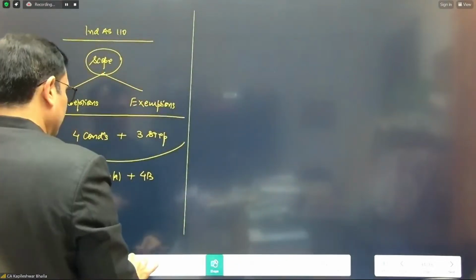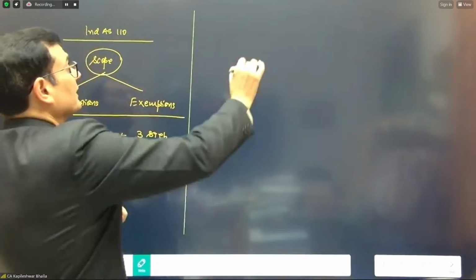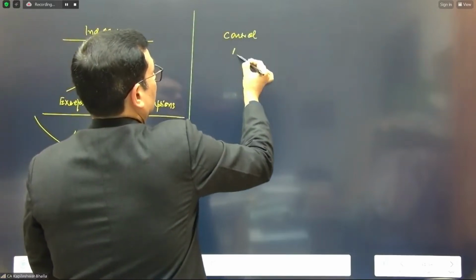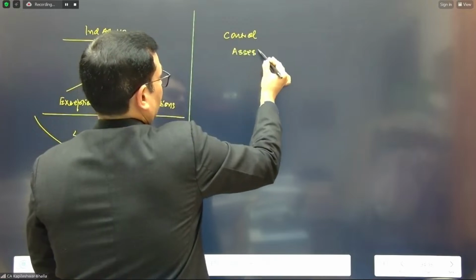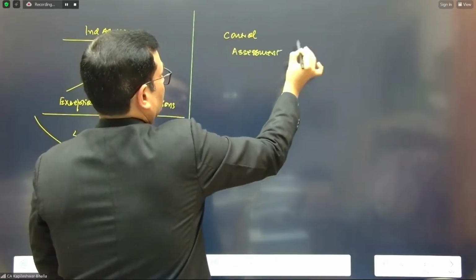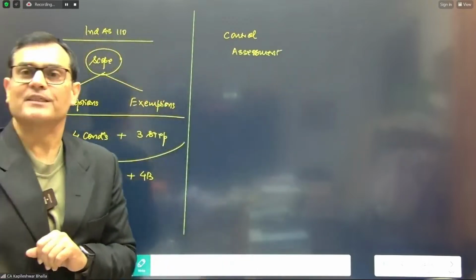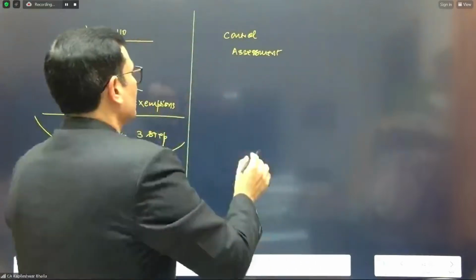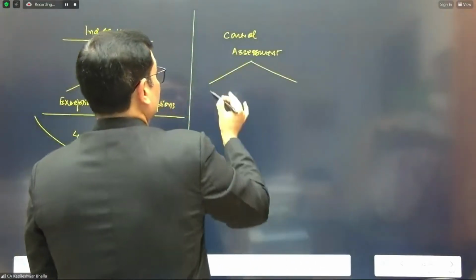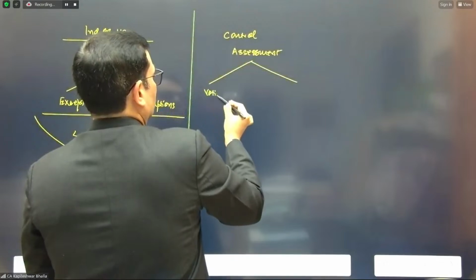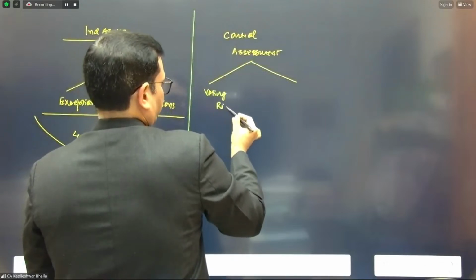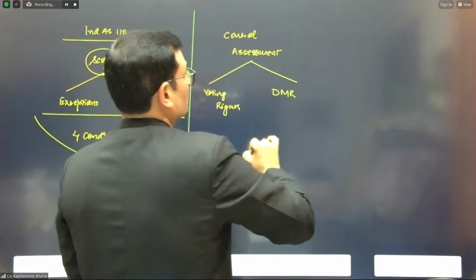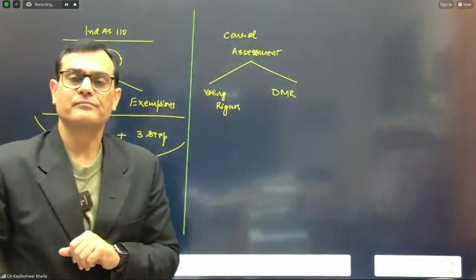Once we were done with this area, we came to the next discussion, and our focus was on doing a control assessment. In terms of control assessment, I had given you 2 inputs. One is if your control assessment is based on voting rights, and the other is if it is based on decision-making rights, DMR.